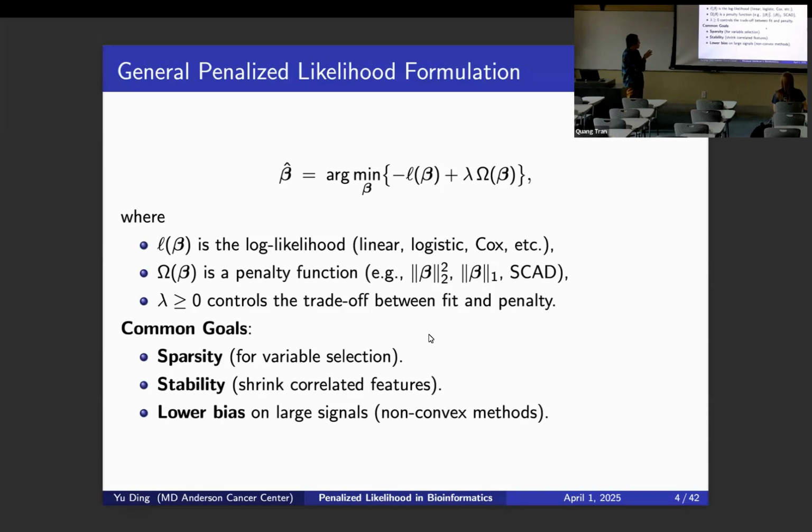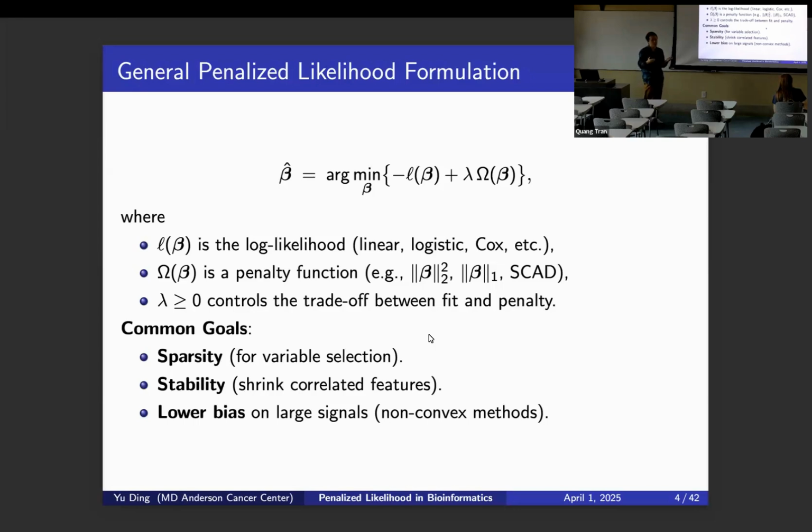The penalized likelihood method has three common goals. The first one is to achieve sparsity among tens of thousands of features, predictors or covariates, to see which subset of the features or variables indeed have a relationship with the response y.